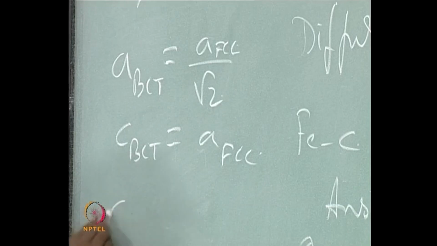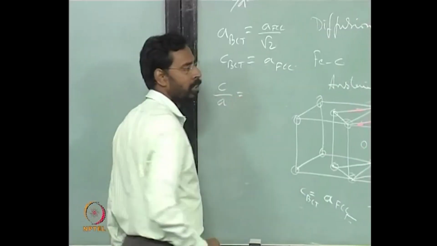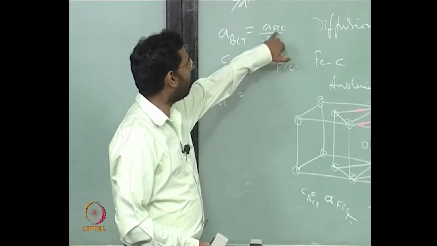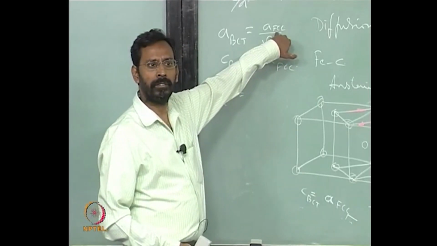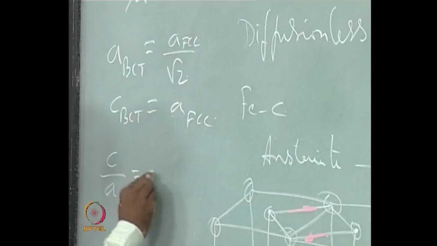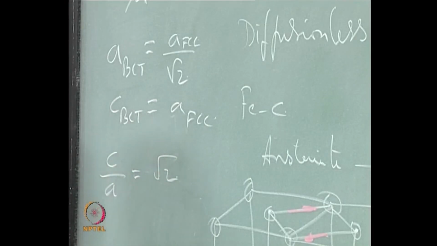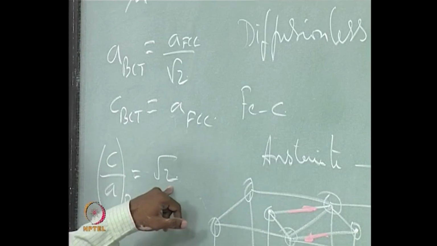So, if I take the C by A ratio, it becomes this divided by that, which is equal to root 2. So, after the shear, the C by A of the BCT is root 2.